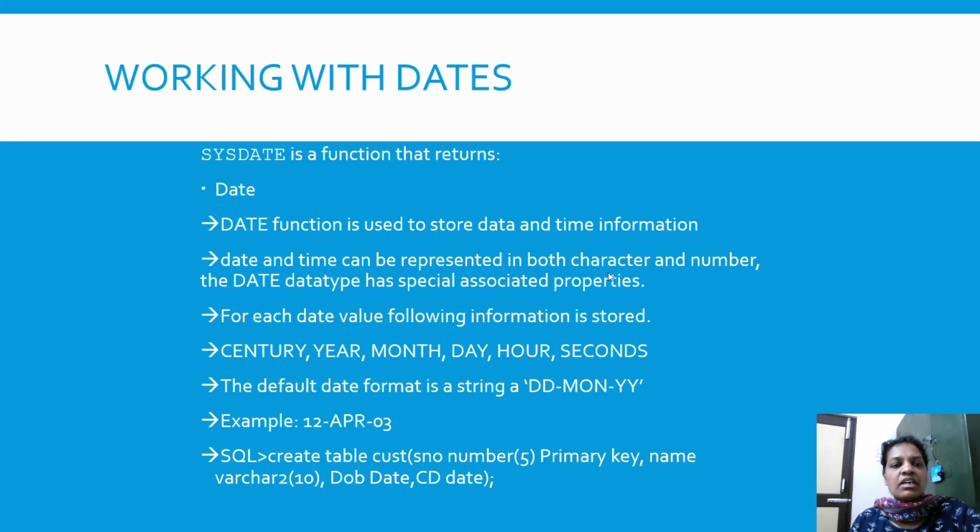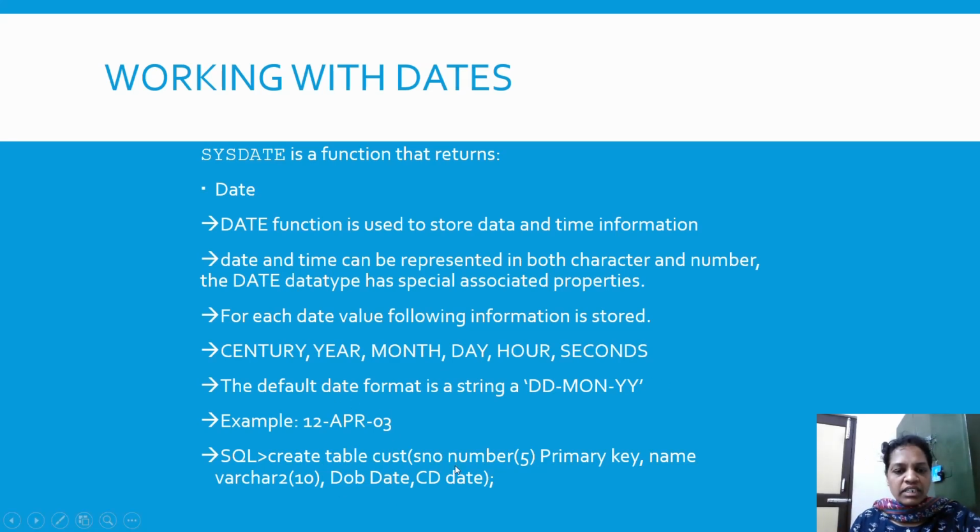But the date data type has some special associated properties. For each date value, the following information is stored: century, year, month, day, hours, seconds, etc. The default date format is date, month, year.